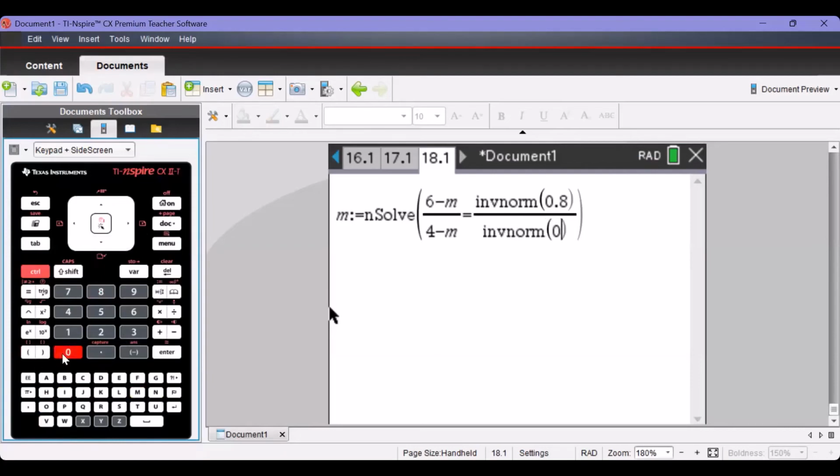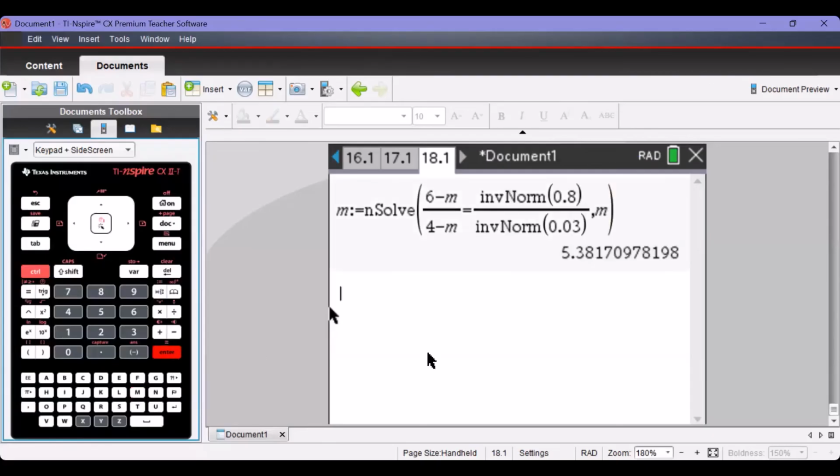And this one is 0.03. And what we want to do there is we want to solve for m, so comma m, press enter, and we get a mean of 5.38, etc., etc.